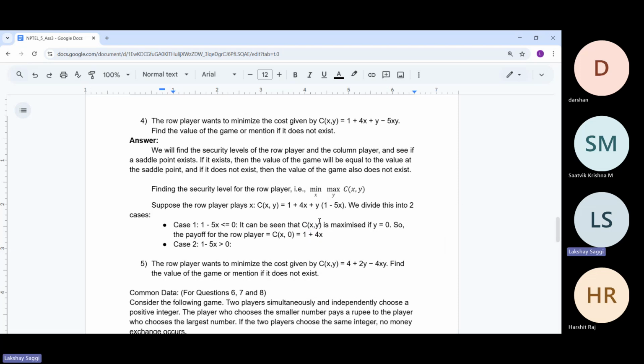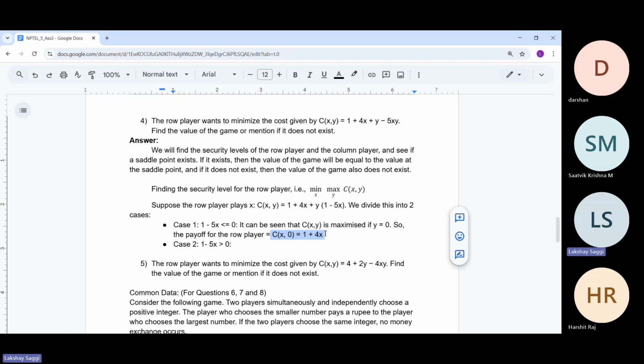While we are still in this case, I'm still discussing case 1 only. So what we get in this case is the payoff for the row player will actually be equal to 1 plus 4x.